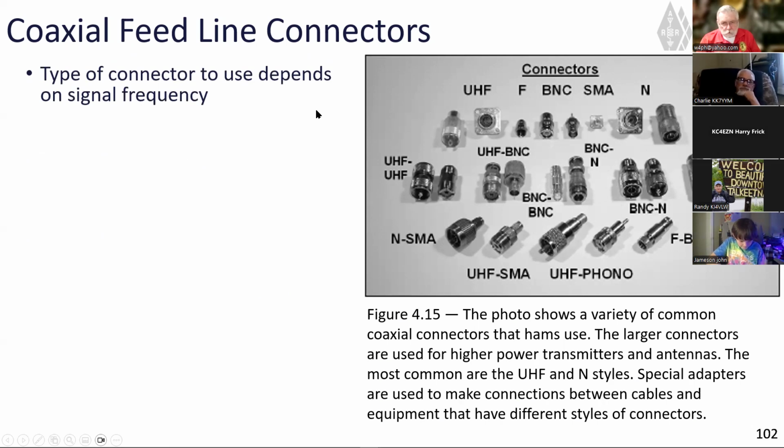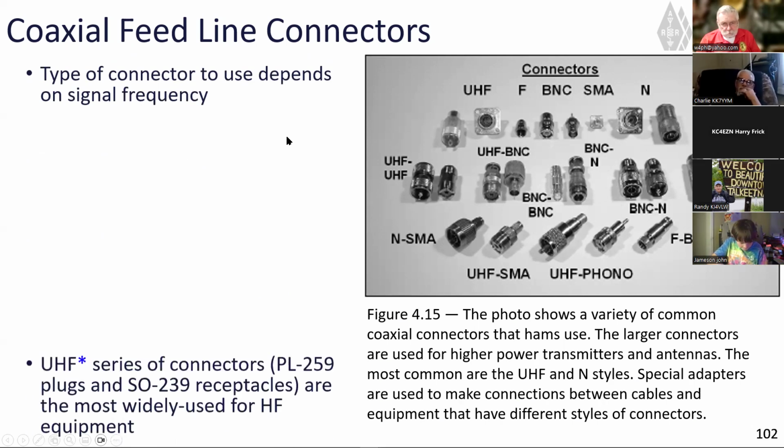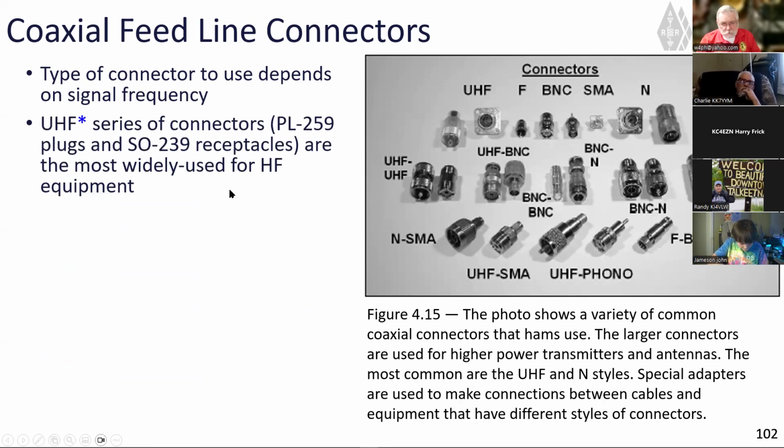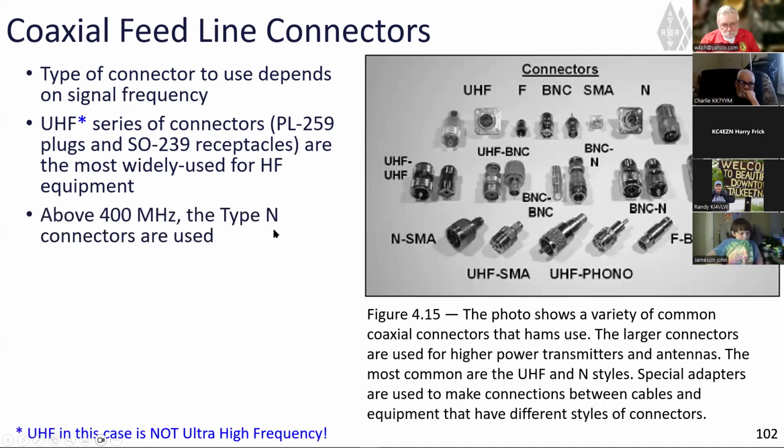Type of connector used depends on signal frequency. UHF series connectors, PL259 and SO239 receptacles, are the most widely used for HF equipment. Above 400 megahertz, type N connectors are used.